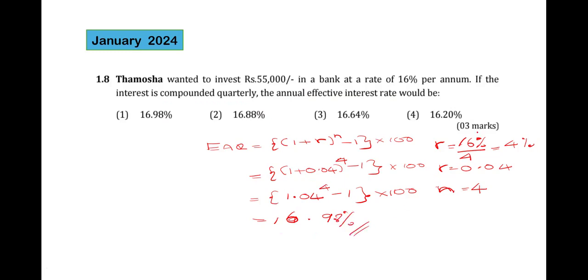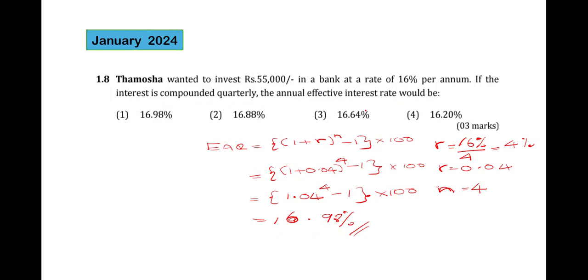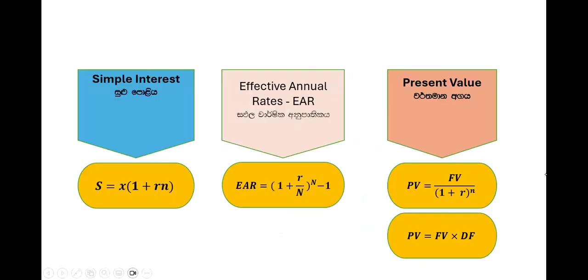Now, go to the next. Here, net present value. Here we use the present value formula: PV equals FV times DF.